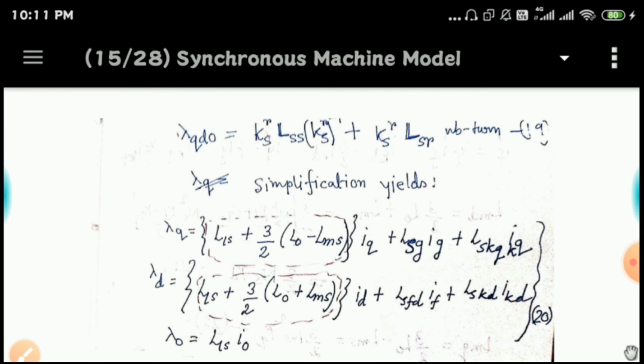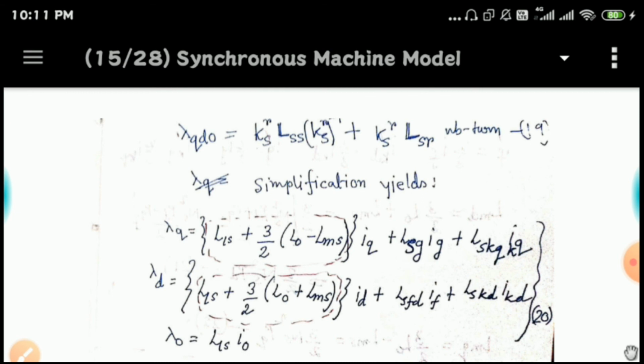I'll explain later what L_LS and L_MS are. But this L0, can you recall that at the very beginning we were having two terms, one was A, another one was B. A was a constant term, but B, although being a constant term, was associated with cos 2 theta r.